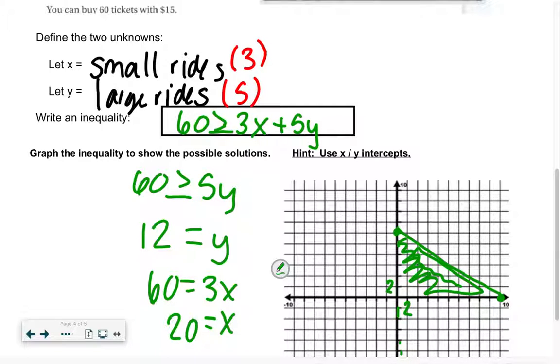You don't need to shade all the other 3 because you can't have negative tickets. If you did, that's fine, but just for future reference. So anything on this line, I can have a combo of. My 2 intercepts are when I have no small rides or no large rides, and anything else on there is a combination of both.